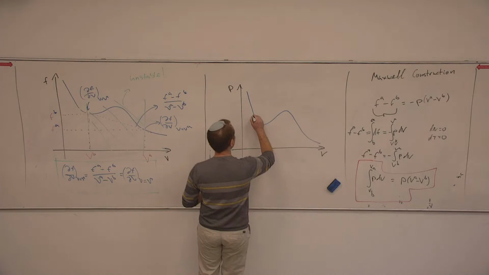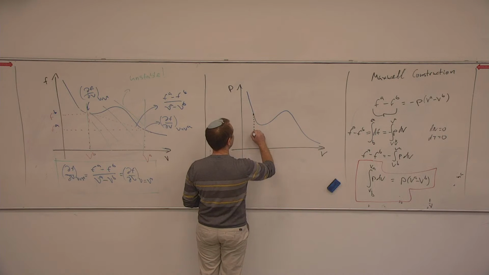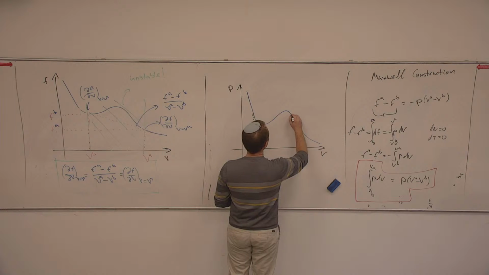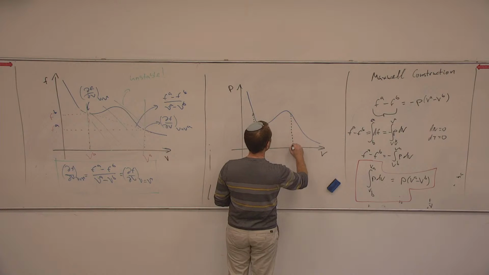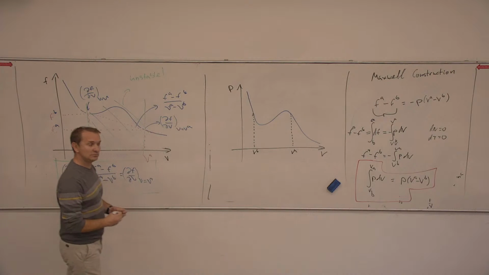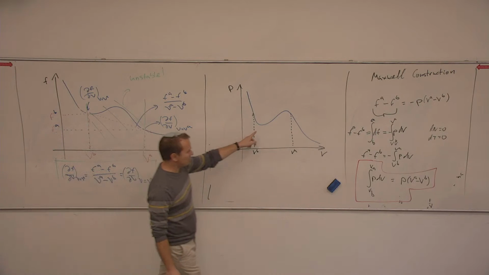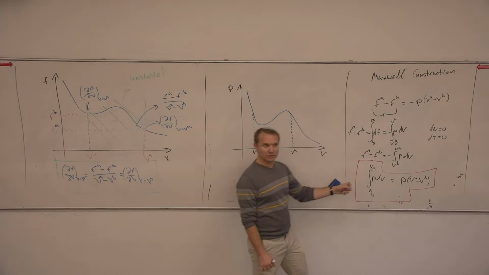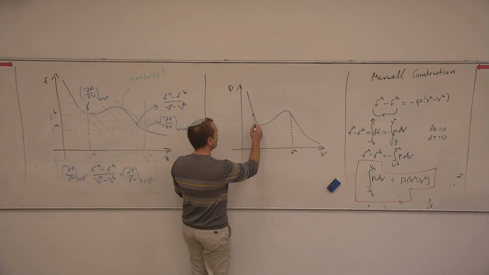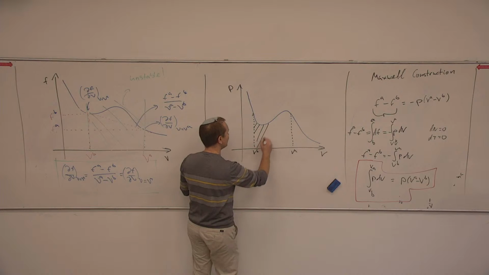So you start with some specific Ni B, and you end with some specific Ni A, okay? And you calculate. Okay, the integral is the area below the curve. So you calculate this area over here.